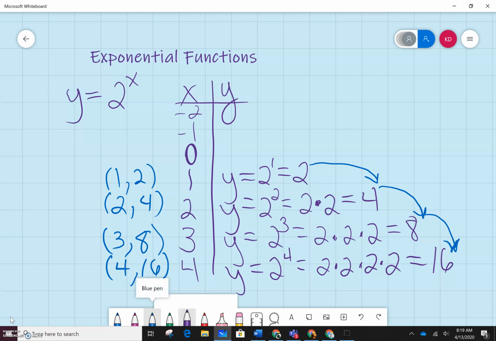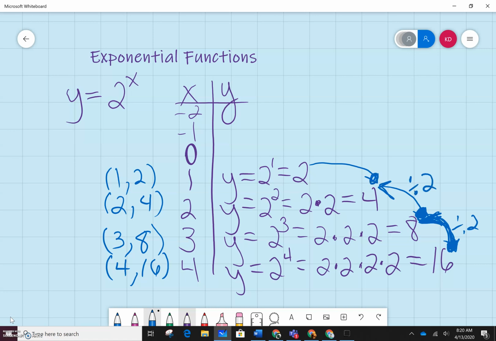So what I mean here is that if I go from 16 to here to 8, right, that means that in this direction, if I'm going from 16 to 8, I'm actually dividing by 2. If I go from 8 to 4, I'm actually dividing by 2.